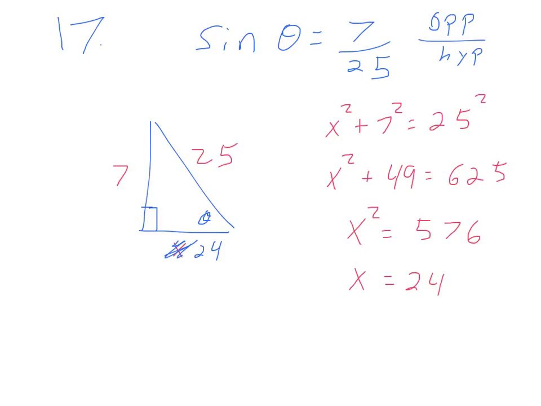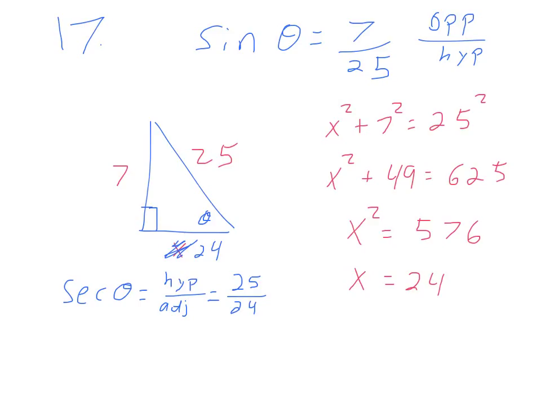So now it wants us to find secant. Secant of theta is going to be, well, that is the reciprocal of cosine. So that is hypotenuse over adjacent. So that's going to be 25 over 24.